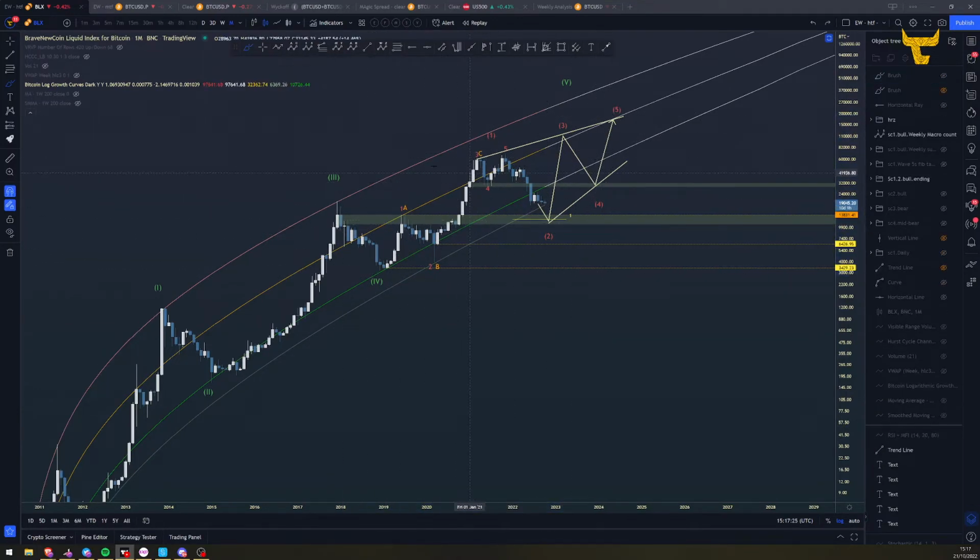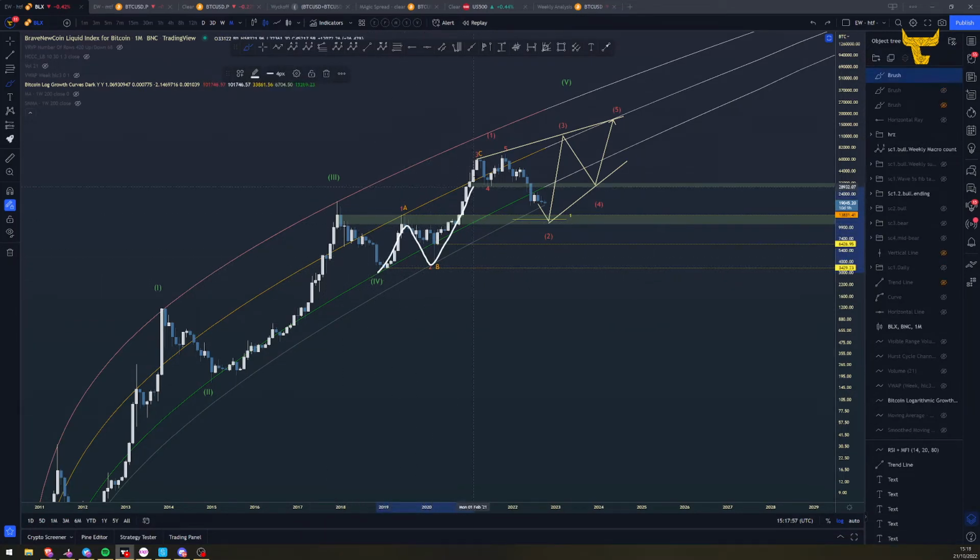Potentially we are in an ending diagonal that will allow us, well, to still have movement up, but with contracting price action overall, which in a sense makes sense to me for a maturing asset, to have some kind of contracting price action as it is maturing, so getting less volatile, quote unquote.